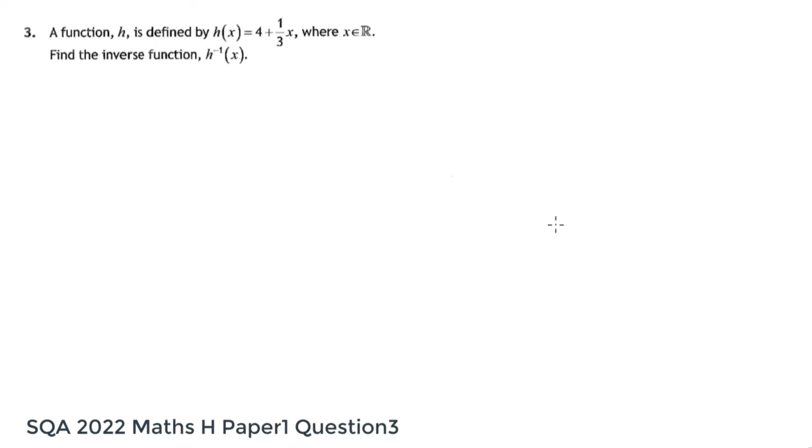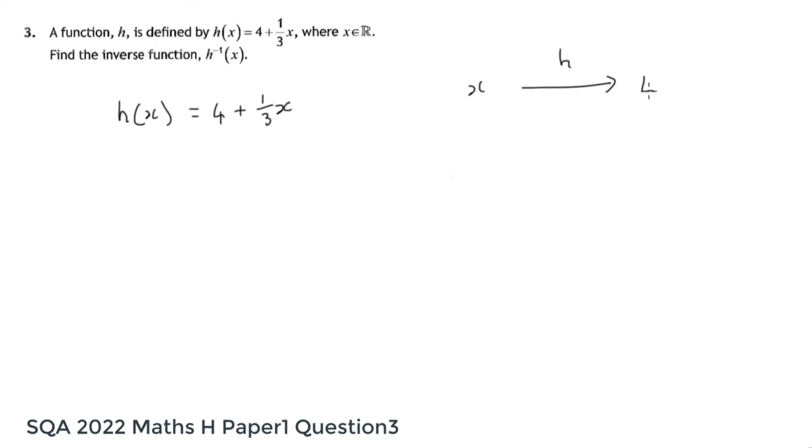Here's question 3. We're given a function h with its associated formula, and we're asked to find the inverse function. Now, writing down h of x equals 4 plus a third x, that tells you what happens to x when you put it into the function h.